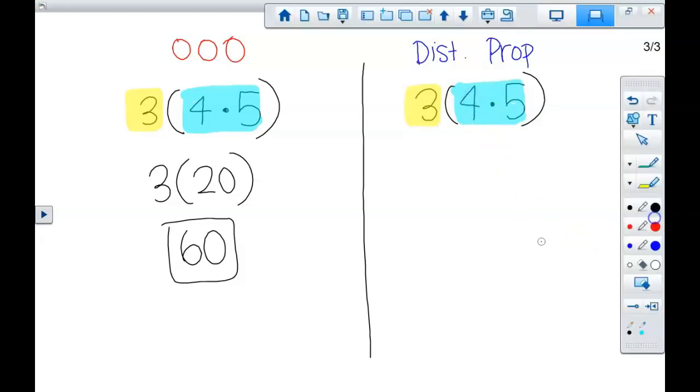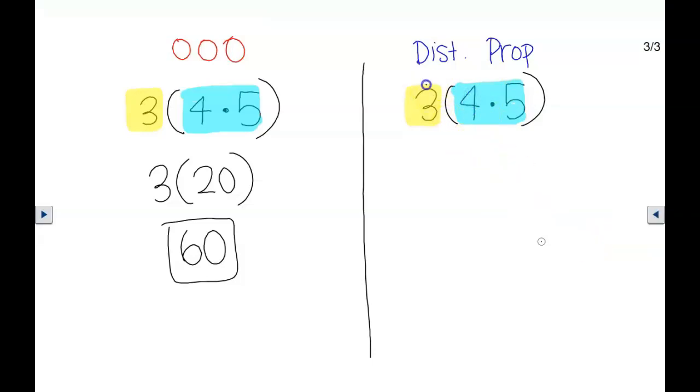Distributive property tells me that I can take the 3 and distribute it to each member of the group. So instead of multiplying the number 3 by the entire group, I can multiply 3 by each member of the group. So I would do 3 times 4, and I would do 3 times 5, and then I would multiply those answers together. And that multiplication symbol comes from right there.